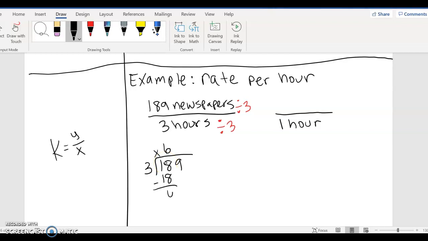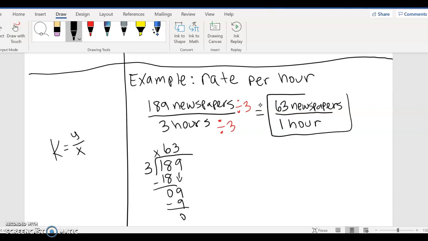We subtract, nothing left. Then we bring down the 9. 3 goes into 9 3 times. 3 times 3 is 9. Subtract, we have nothing left over. So we can say that she can deliver 63 newspapers in 1 hour. That is our unit rate. That is our constant.